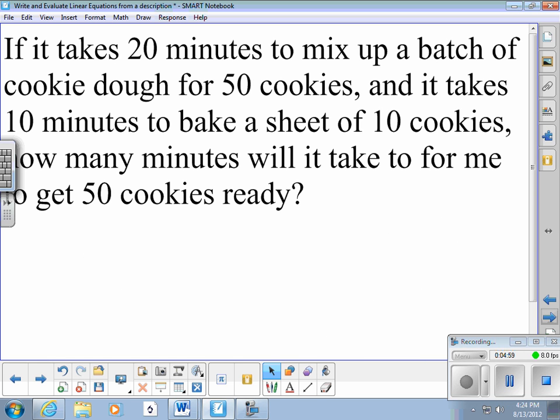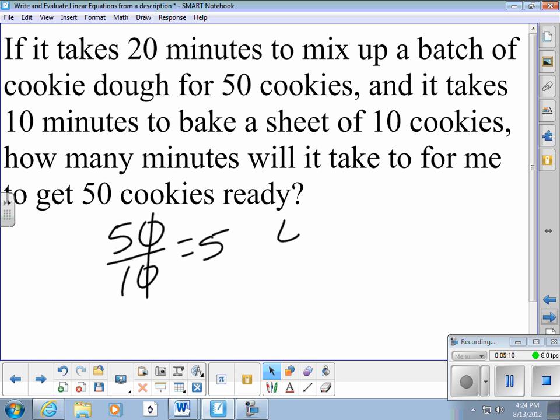One more quick example if you still need it. 50 cookies, 10 cookies per batch, 5 batches. Time would be 20 minutes to mix it up, 10 minutes for each batch.